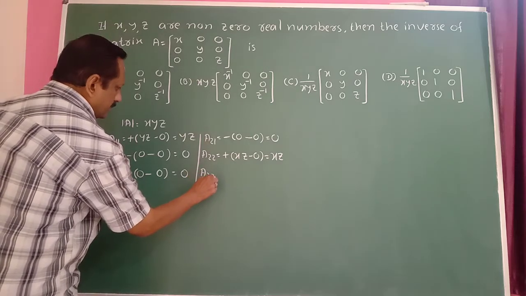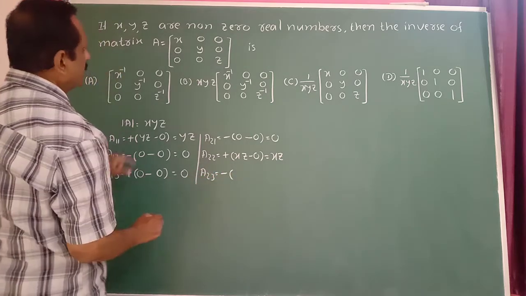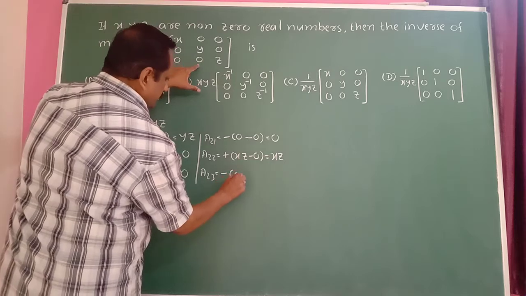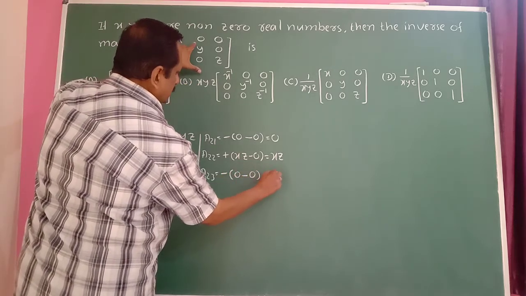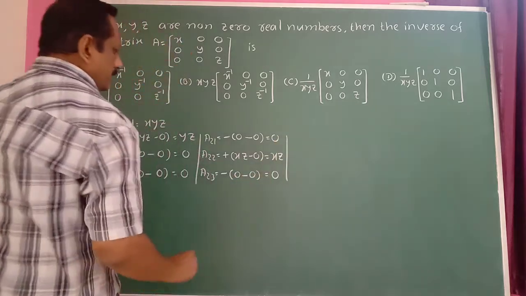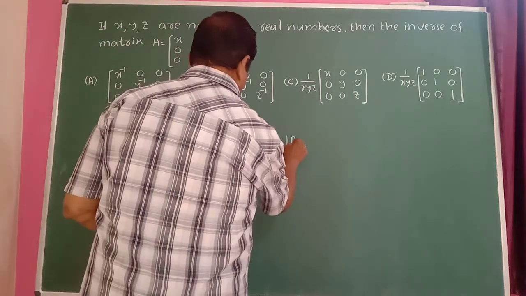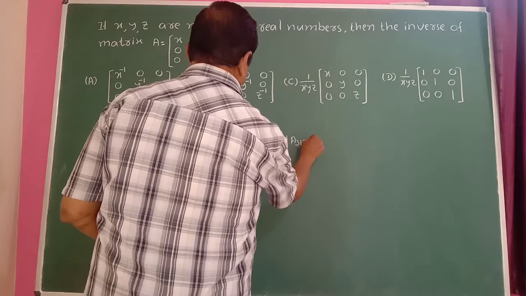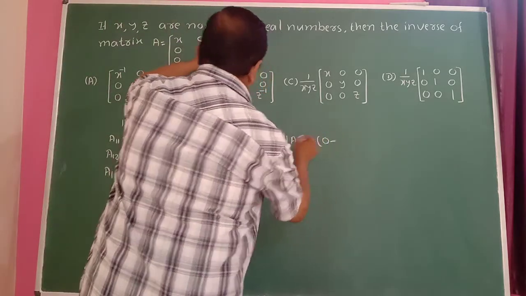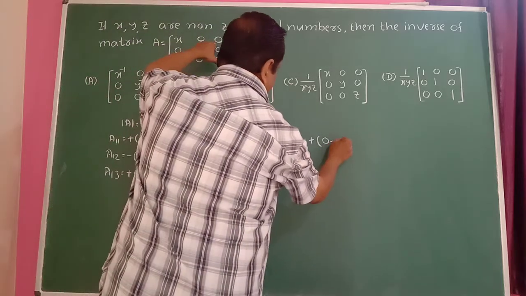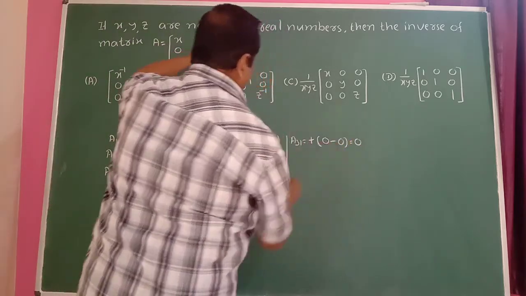Then A23: minus of x into 0 becomes 0, 0 into 0 becomes 0, that is equal to 0. Then A31: plus 0 into 0 becomes 0 and y into 0 becomes 0, equal to 0.